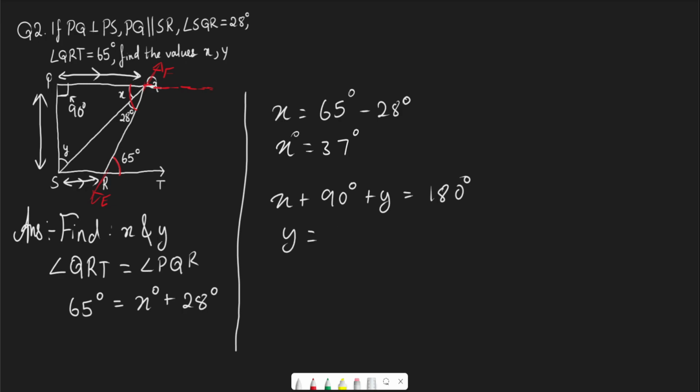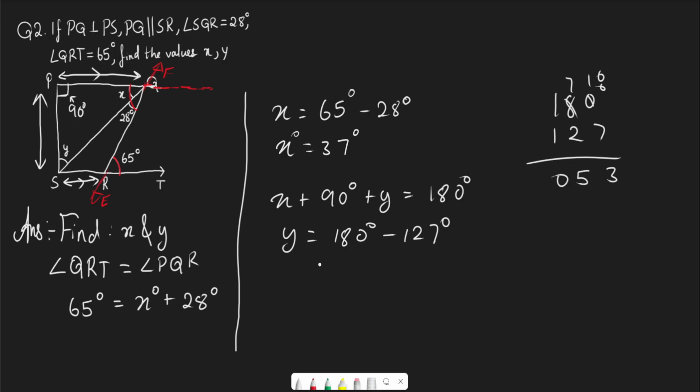So y is equal to 180 degrees minus 127 degrees. I don't have time to do mental maths. All right, 10 minus 7 is 3, 7 minus 2 is 5, so y is equal to 53 degrees, and those are the values of x and y.